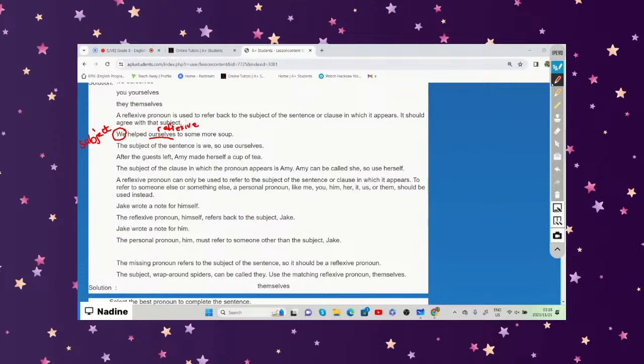So basically, it is referring back to the subject. Ourselves, meaning that we helped ourselves to some soup. So the subject of that sentence is we. So we use ourselves.